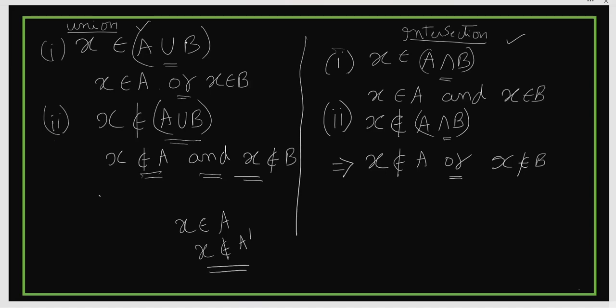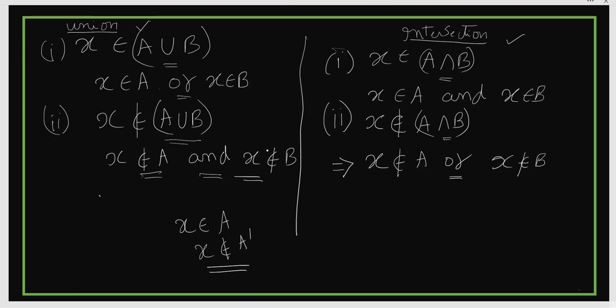x belongs to A union B, you will get x belongs to A or x belongs to B. Here, if x belongs to A intersection B, x belongs to A and x belongs to B. If x does not belong to A union B, it becomes AND: x does not belong to A and x does not belong to B. That AND operator.